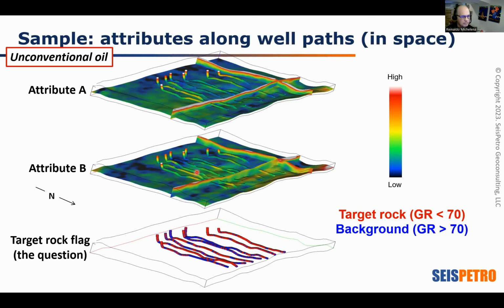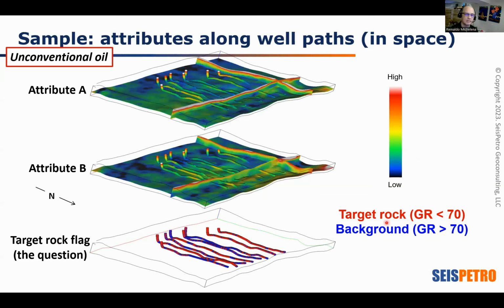And at the same time, along these horizontal wells, we generate a target flag, a flag that indicates the target rock. And we're going to refer to that as the question later in the presentation. And in this case, the only information available along these horizontal wells was a gamma ray.